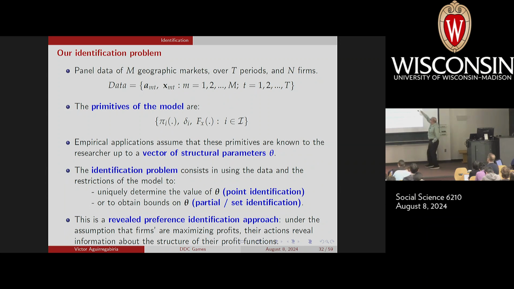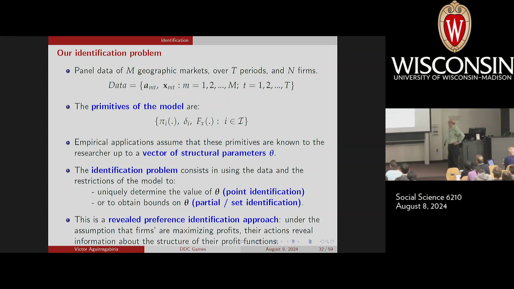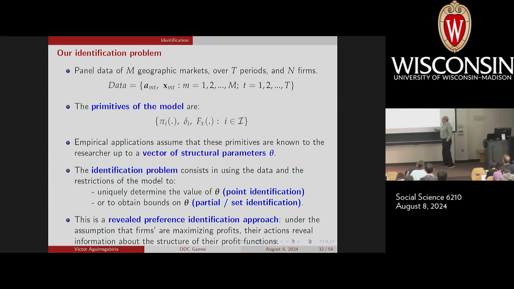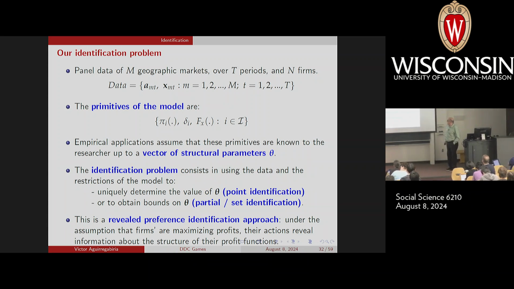I'm going to use theta to represent the vector of all the structural parameters that parameterize these functions. Okay? The identification problem consists of using the data and the restrictions of the model to get either a unique value of theta that explains the data, in the case of point identification, or a set of values of theta that explains the data, in the case of partial identification. Okay?